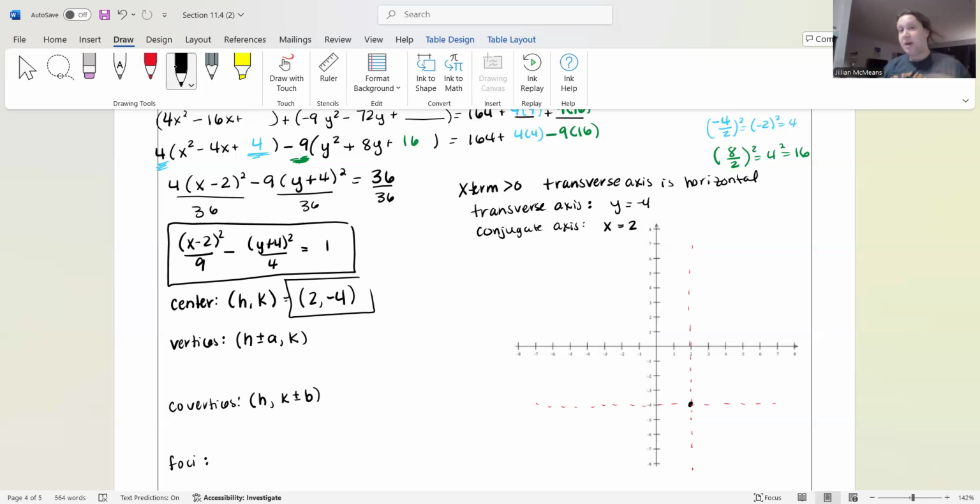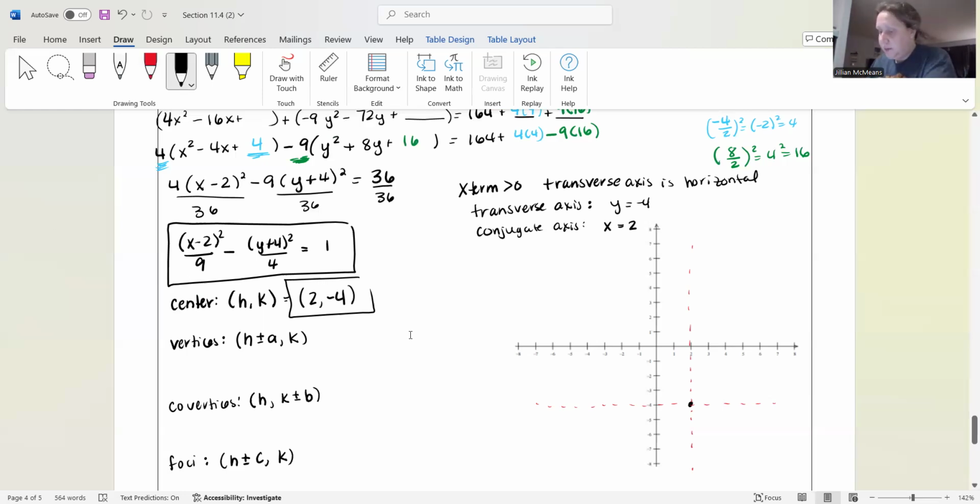We get h plus or minus c, comma, k. We can really easily find a and b, but we have to do a tiny bit of work to find c. So let's do that.